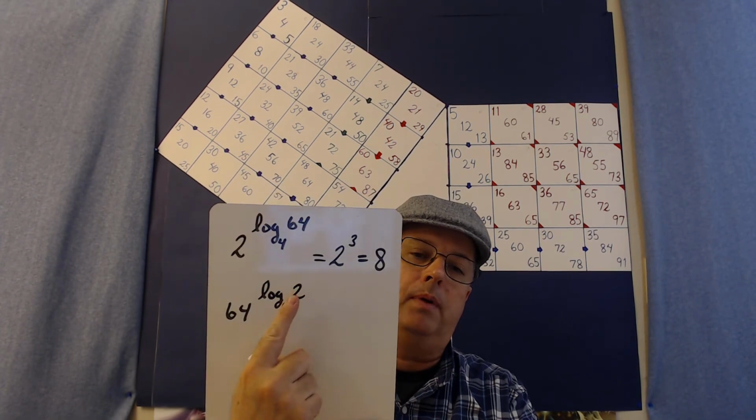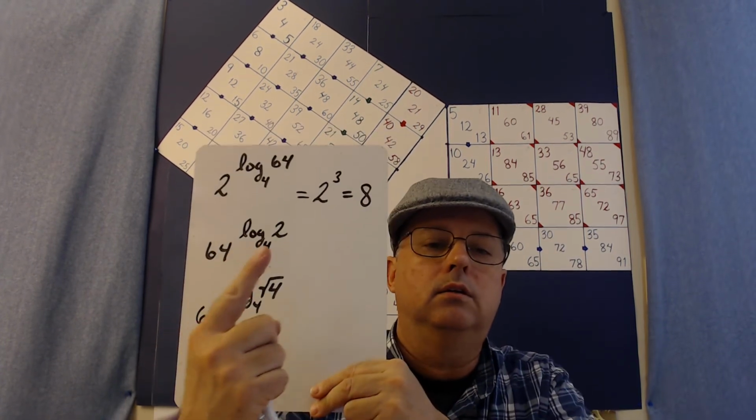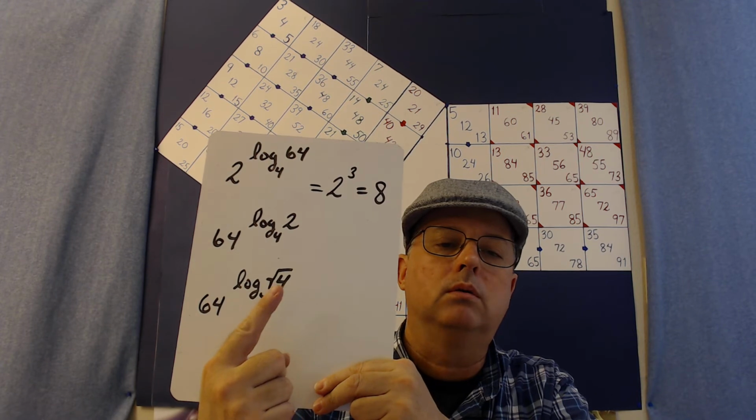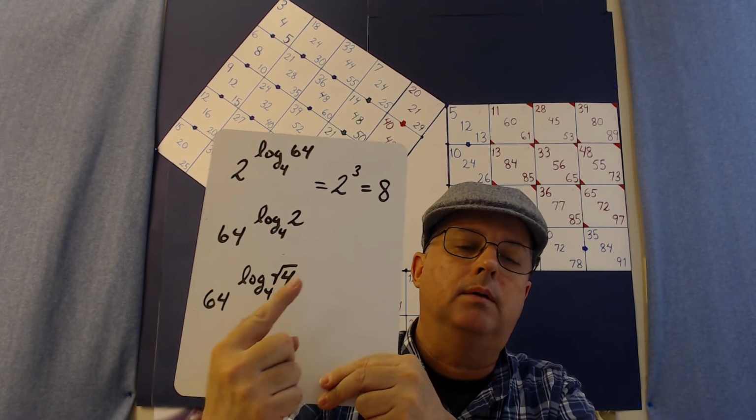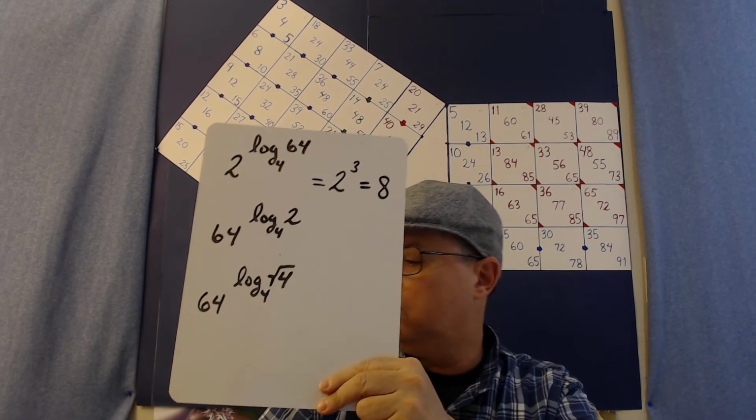Now, what is the power that makes 4 become 2? Well, isn't it that the 2 is the square root of 4? Oh yeah. And so what power of 4 becomes the square root of 4?